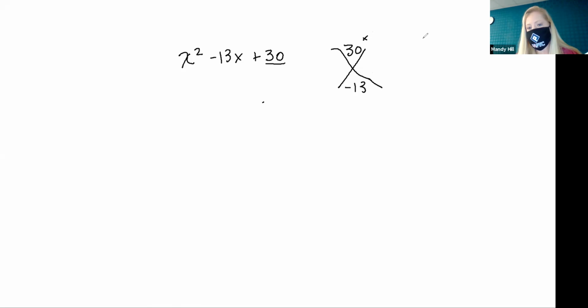So I could start brainstorming about this, and I could go, what multiplies to 30? Well, 3 times 10, that's 30. But what I'm noticing is that I need it to add to be a negative number. So how is that going to work? 2 numbers that multiply to be a positive but add to be a negative.